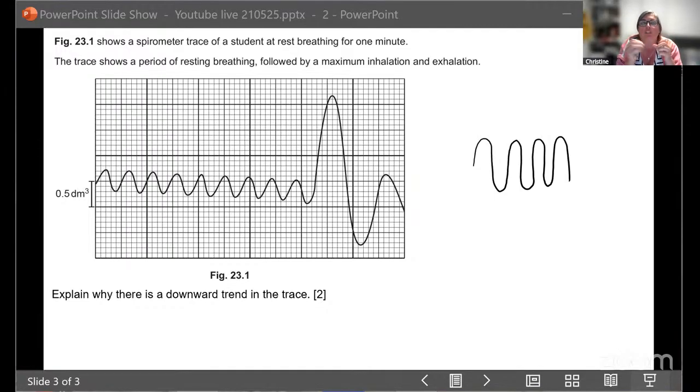Now, this is an interesting one. I'm going to go on a bit of a tangent, but when I was giving birth to my second daughter, they gave me gas and air to help with the contractions. Now, I had been doing hypnobirthing, and when I was doing hypnobirthing, it was all about learning how to breathe properly in through the nose and out through the mouth.